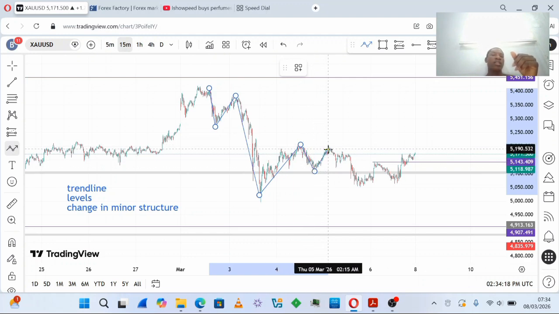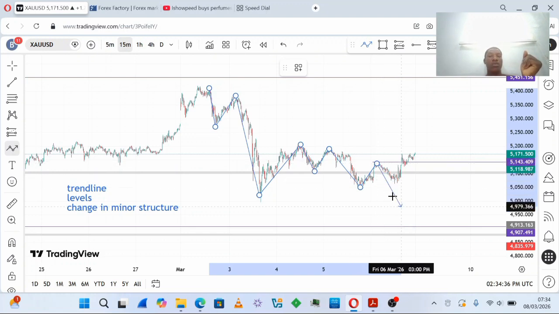Again, he made an equal high, then ended up making a lower low. But going further, he made a higher low, a lower high instead. Then instead of making a lower low, made a higher low, and then made a higher high. This is a change of minor structure for me.